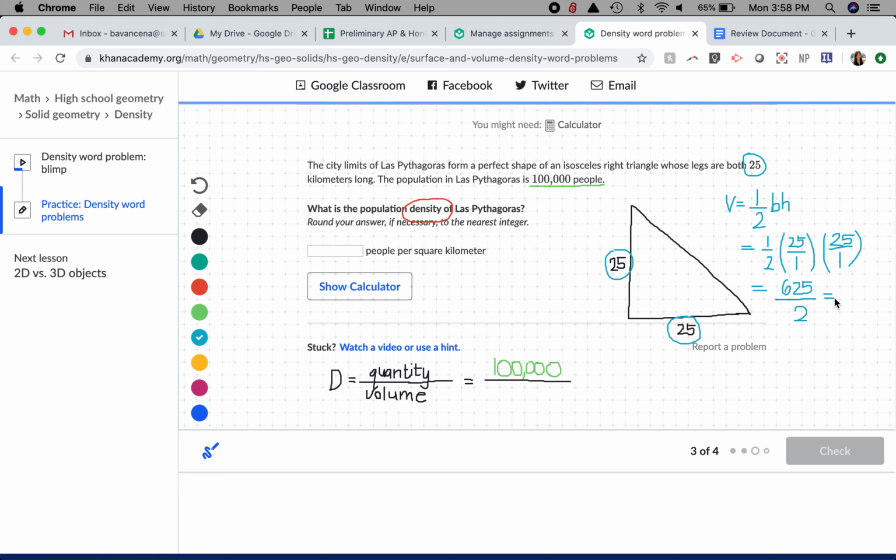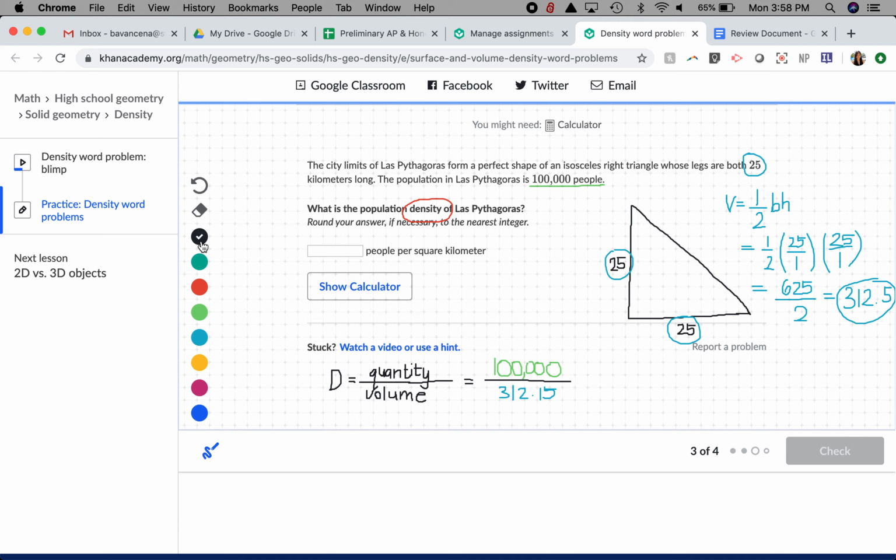Now we should be able to simplify this. 625 divided by 2 will give us 312.5. So this is the volume of the town. So I'm going to put that in the denominator because that is volume.